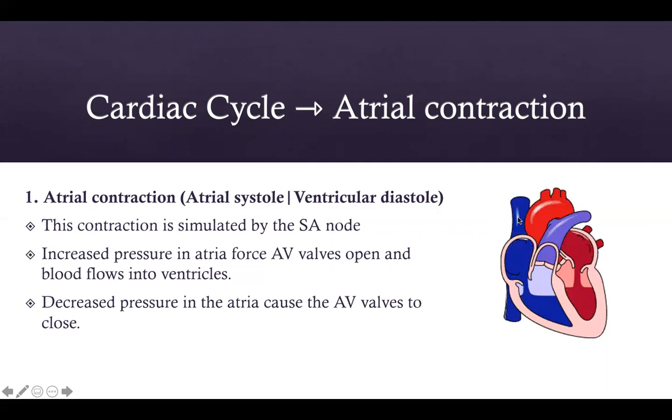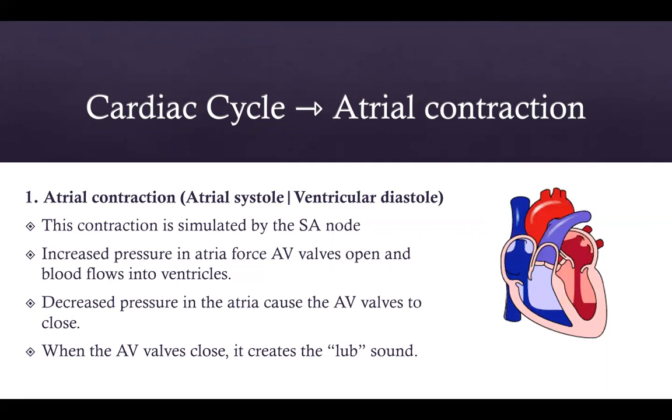See there, blood's exiting and they snap shut. So if you think about what a heartbeat sounds like, it makes this lub-dub, lub-dub, lub-dub sound. Those first valves snapping shut are going to create the lub sound. So when your AV valves, your tricuspid and bicuspid or mitral valve, snap shut, it makes that lub sound.